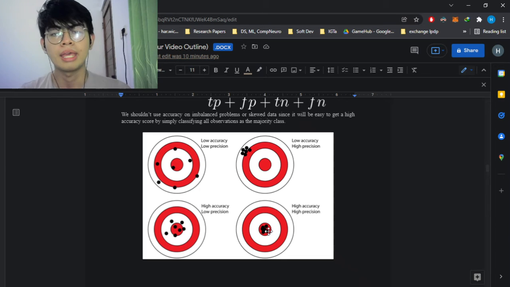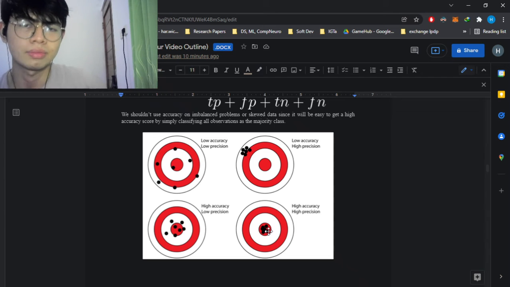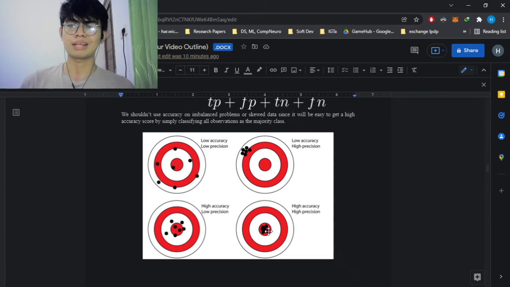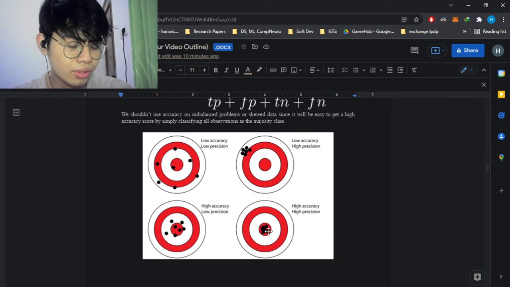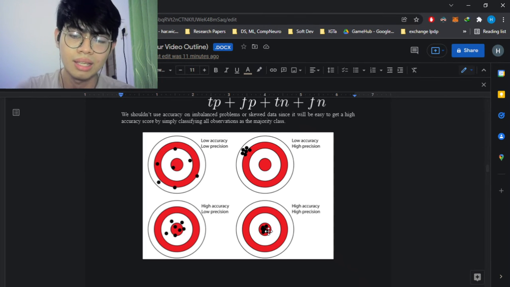Okay, and with that, let's talk about precision. This diagram is a great way to visualize it. Precision essentially measures how spread out the data really are. The lower the precision, the more spread out it is, and the higher it is, the closer the data points are to one another.